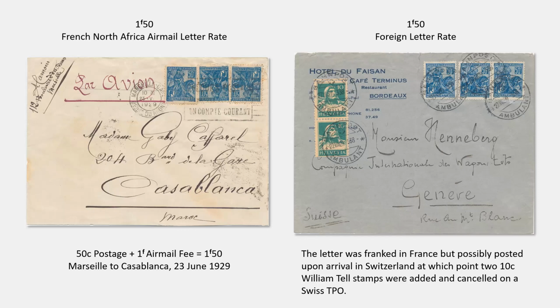They are stamps which are paying for its delivery in Switzerland, and they've been cancelled by an ambulant. So perhaps the letter was posted onto a train going into Switzerland. I don't know. It's a story I can't fathom out, and I would love to know what the real story is.